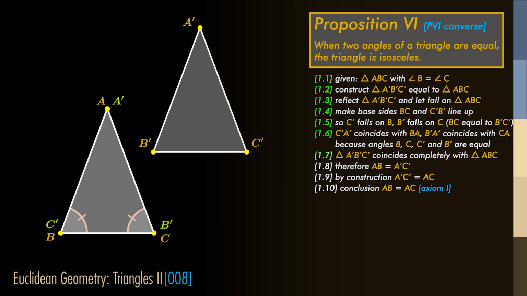So, triangle A'B'C' coincides completely with ABC. Therefore, AB is equal to A'C', and since we know that A'C' is equal to AC, then, according to axiom 1, AB must be equal to AC.